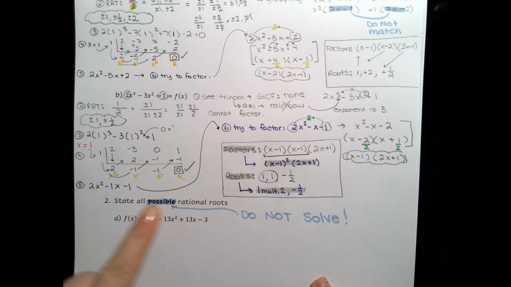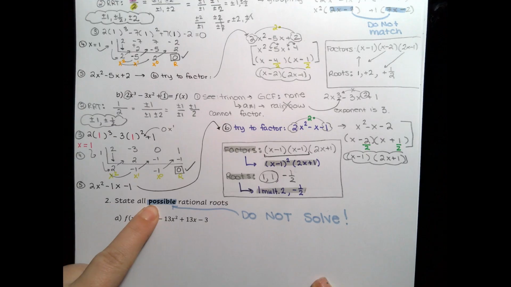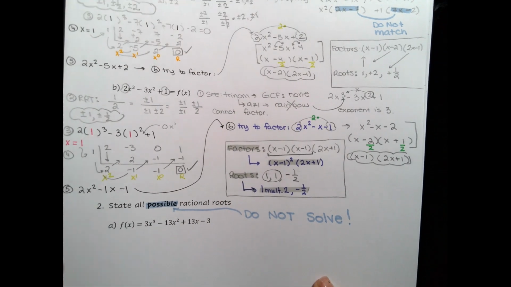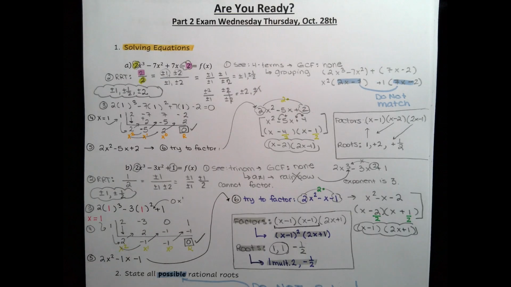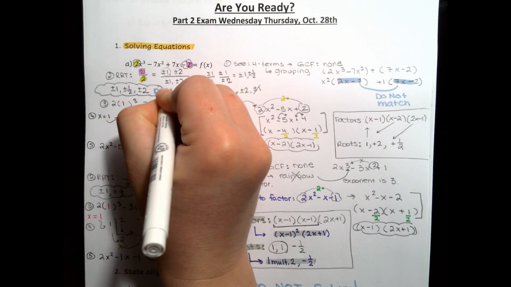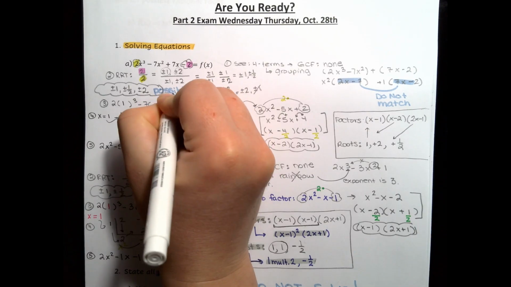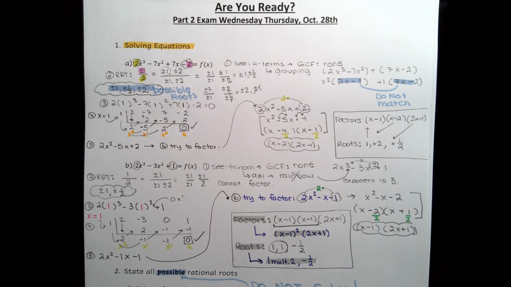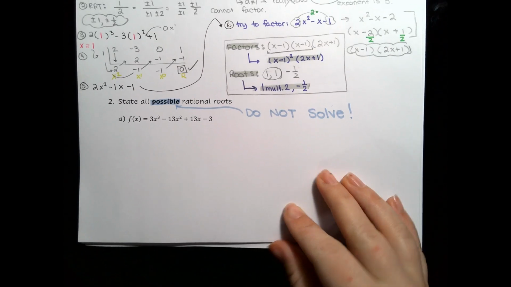So we need to get to here to solve. This one is stating what's the possibility of answers, so it's not asking you to solve. So this here is asking you for the possible roots, which are these. Okay, so basically what you're doing step number 2 only. Let's go down here.